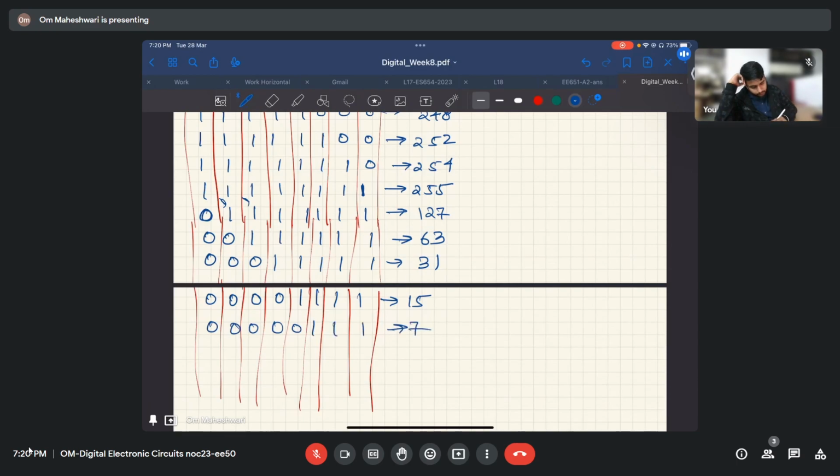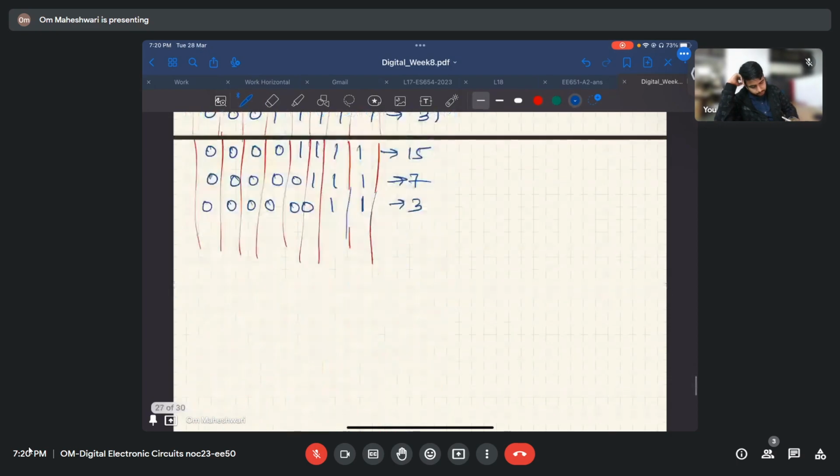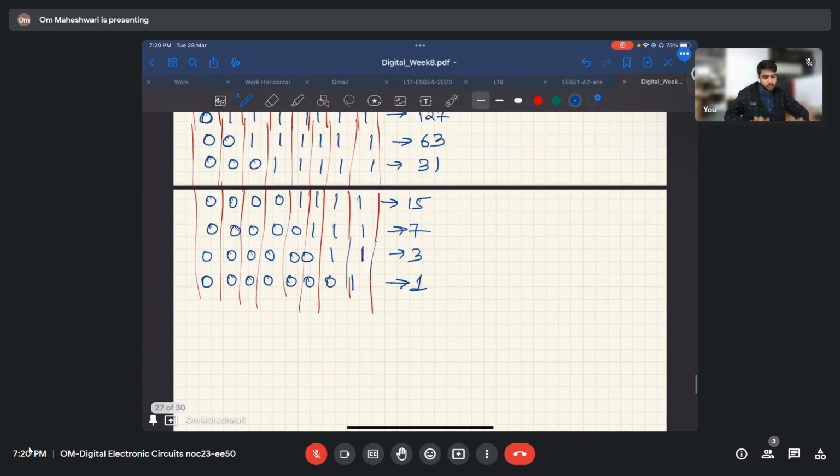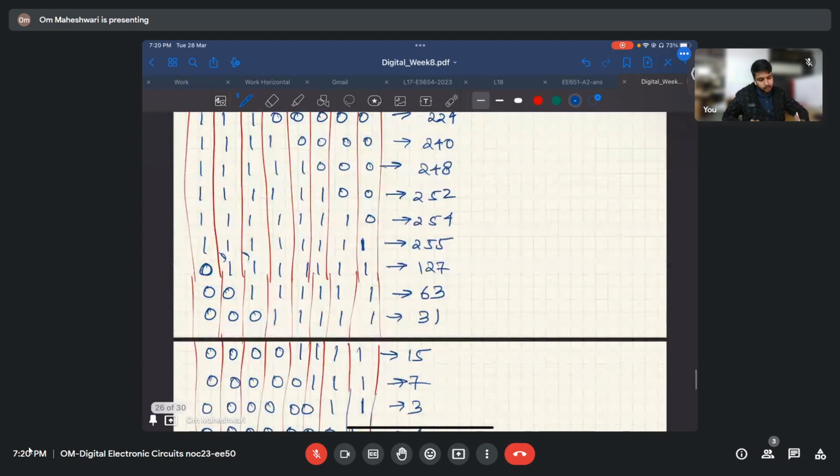That is 7. Sorry, 3. And 00000001 is 1. These are all the decimal numbers.